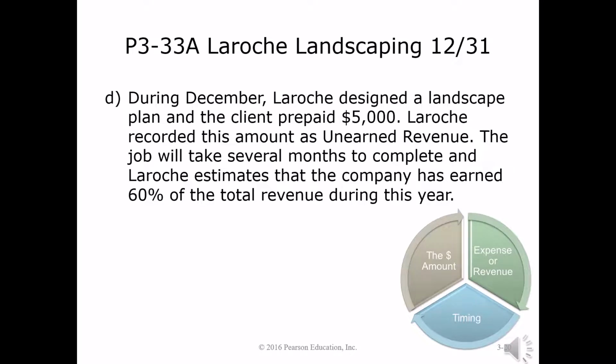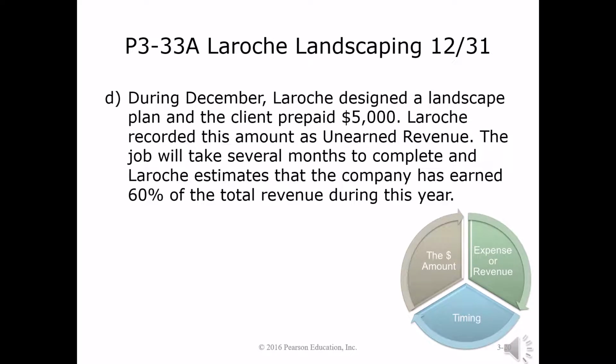First of all, is this an expense or a revenue adjustment? It's clearly a revenue adjustment because that's what we're talking about: customers, payments, and revenue. Now we know that we're going to have a credit to our service revenue account.